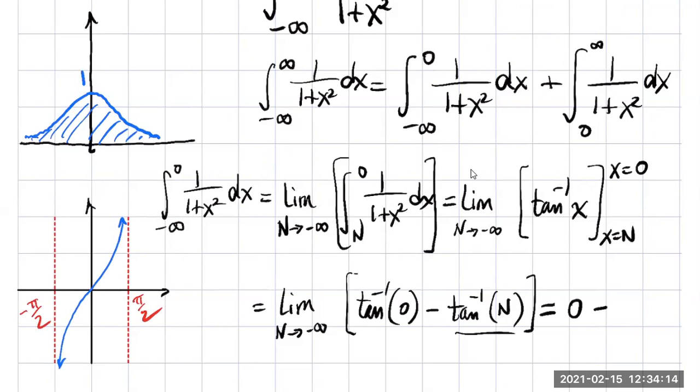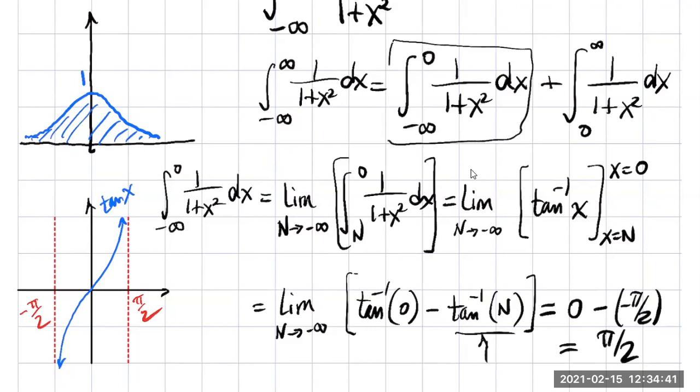That's the tangent. Notice that the closer you get to negative pi over 2, the further down the graph goes to negative infinity. And so therefore, this second term is going to be negative pi over 2, or pi over 2. And so therefore, gang, the first integral converges to the number pi over 2.